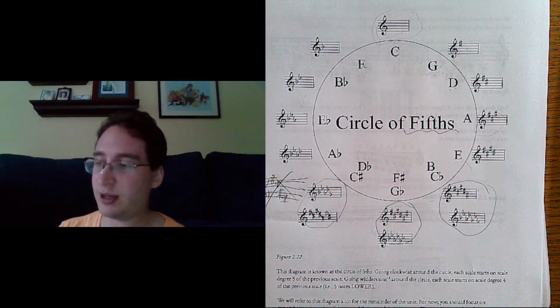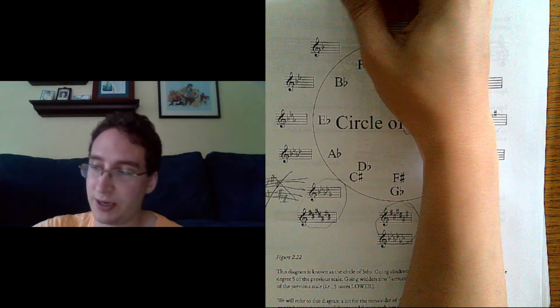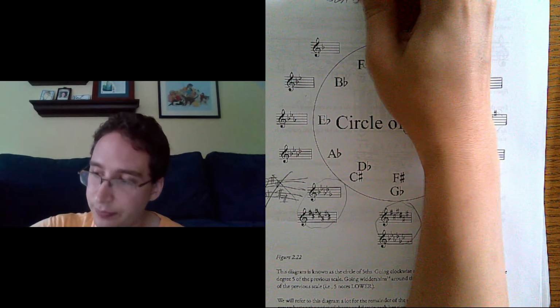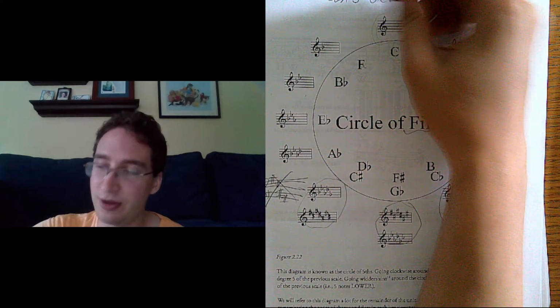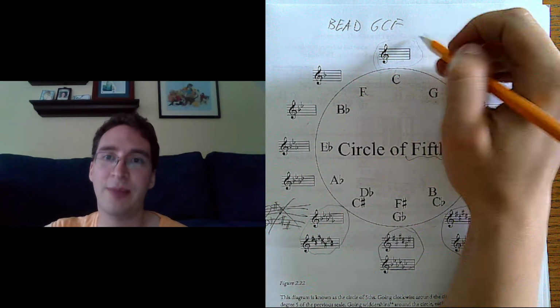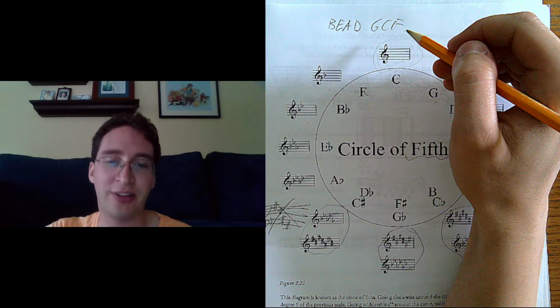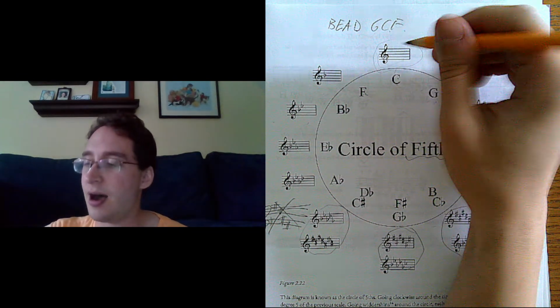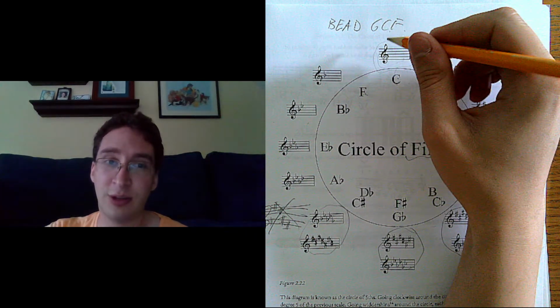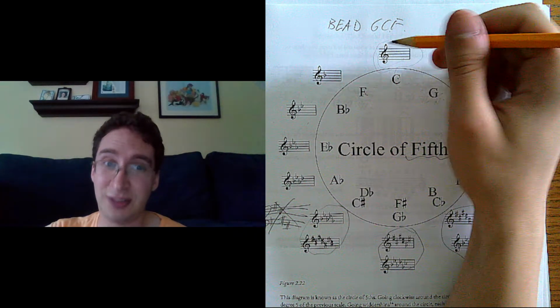I recommend mnemonic devices. Flats are easier for me, because it's the word BEAD followed by GCF, which, there we go, stands for greatest common factor. You may have heard of this in your math class. It's a math concept. And then the order of sharps is just the opposite.